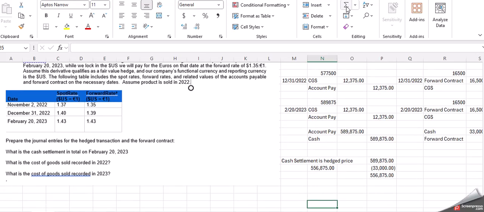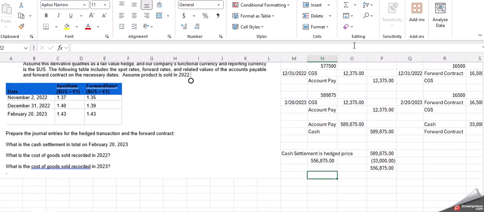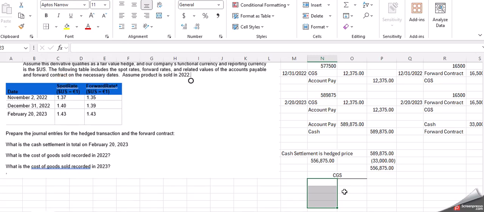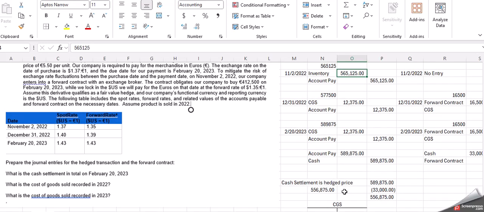Then again, with the cost of goods sold, I would T account it. So if we map out what happened, I'm going to net my transactions, and I'll create a little T account here. So we know that if we go back up at the top, it tells us that these goods in our inventory were sold in 2022.